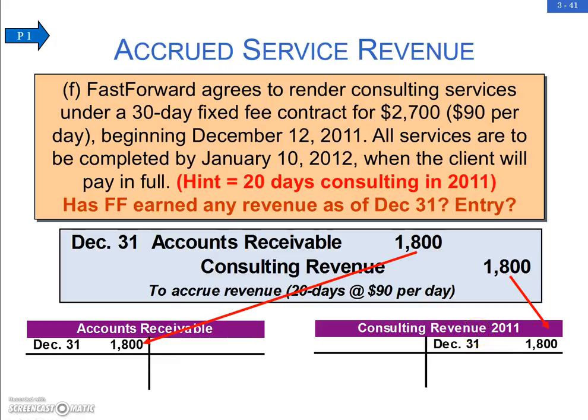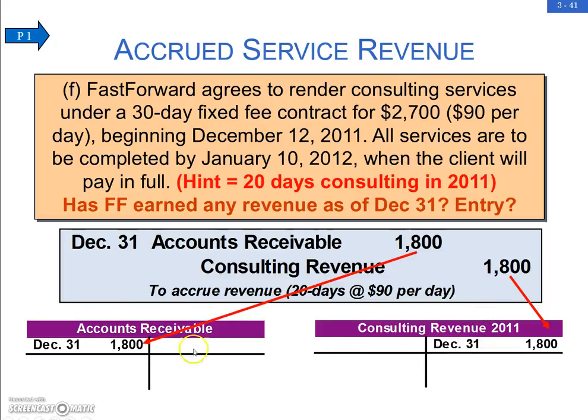The reason we do that is because we don't want to double count revenue or double count expenses, right? Revenue and expenses show you how your company has performed over a specific period of time. More on that in just a little bit, but for now, let's just keep in mind that revenue and expenses are temporary accounts, and we'll have an account for each year. So a revenue account for 2011, a new revenue account will start off for 2012, and we'll get rid of the revenue from 2011.